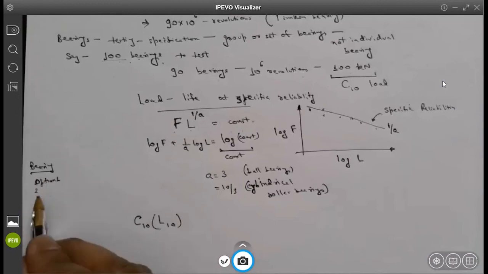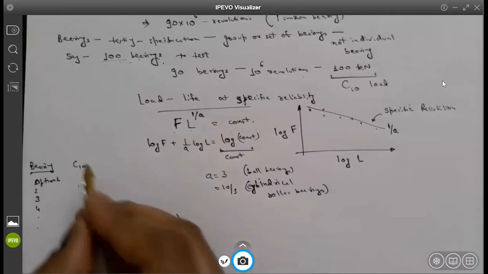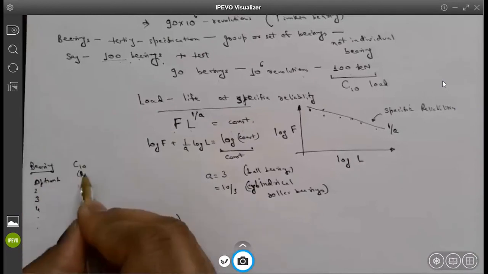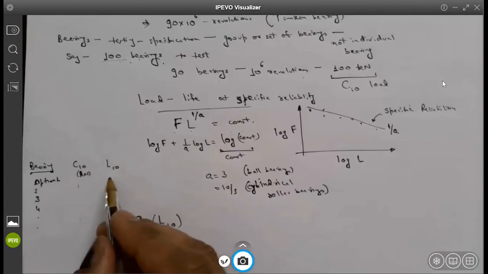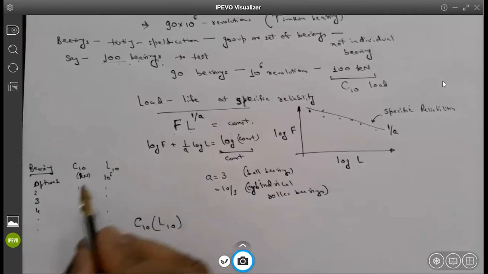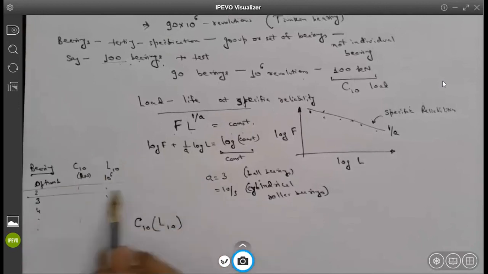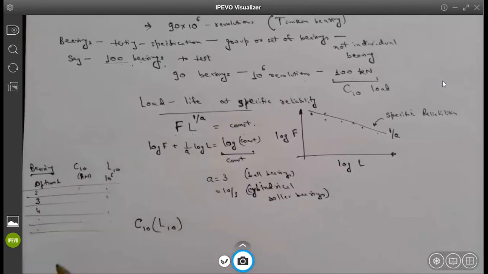Let's say you have options 1, 2, 3, 4, and 5, and you get a column for the C10 load in kilonewtons and a corresponding L10 life, which is 1 million revolutions for all of them. So this is just one column I am looking at in the manufacturer's catalog. There are many options in there.